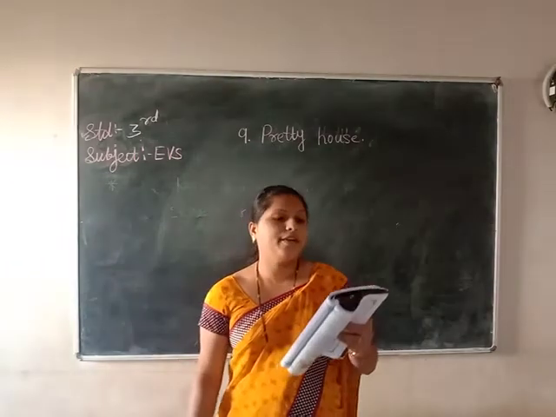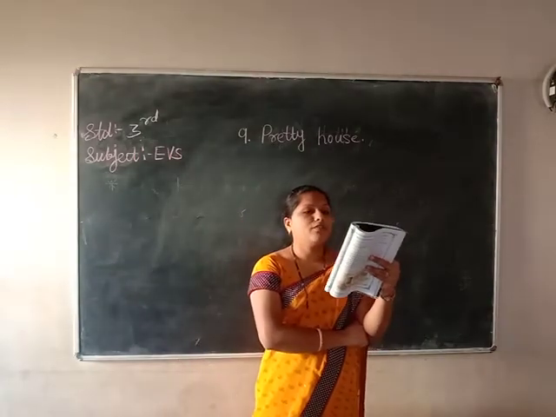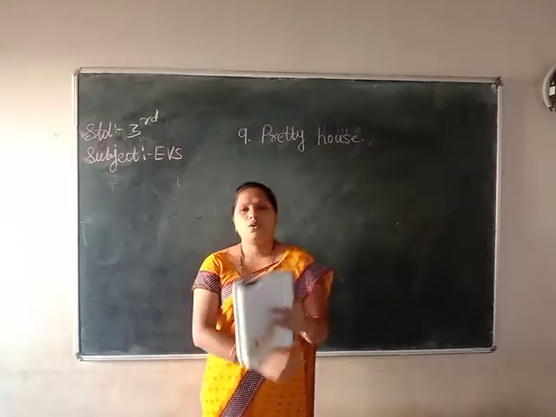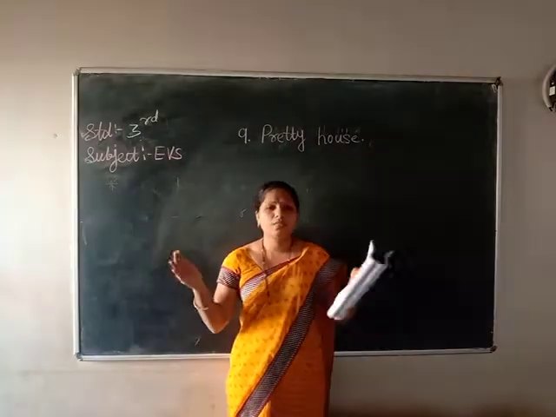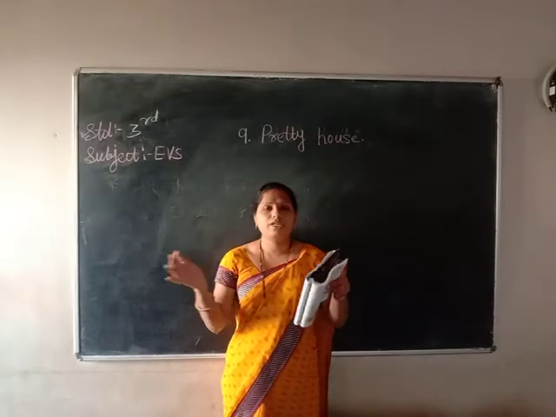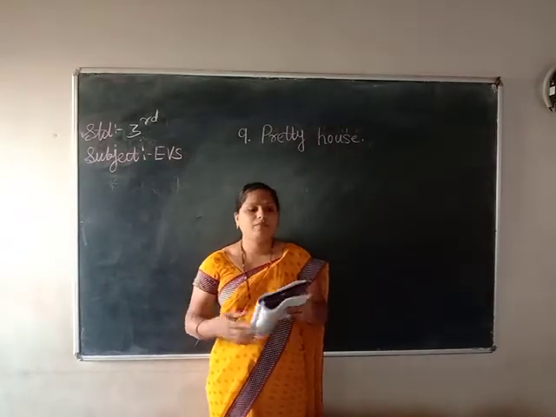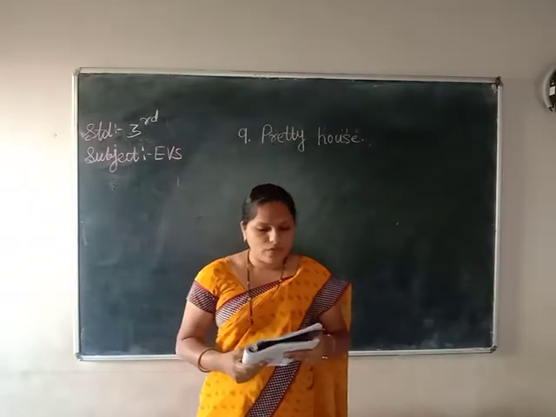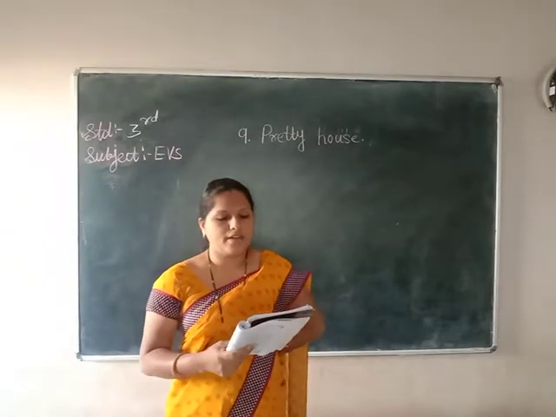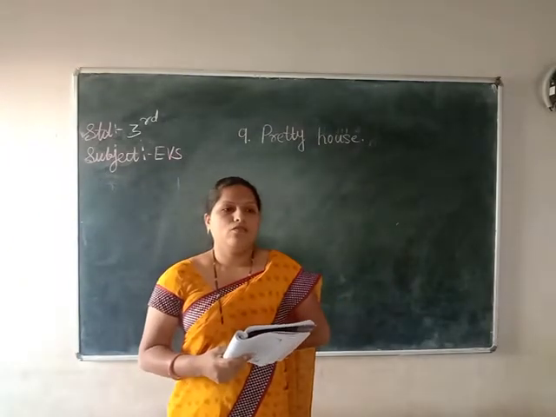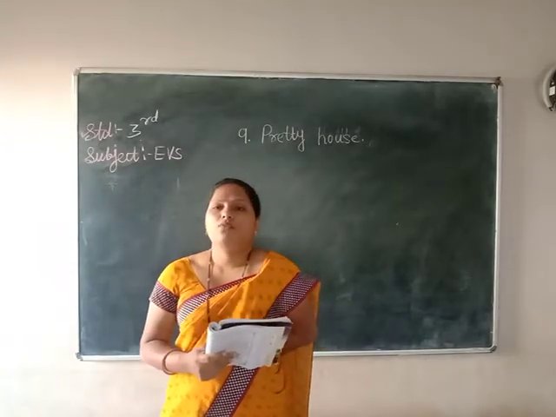I have told you already. Second point, there should be sufficient space around the house. It means the rooms should not be very close to each other. There should be space for each and every room. There should be a kitchen and garden in this space. In our house there are 3, 4, 5 rooms.